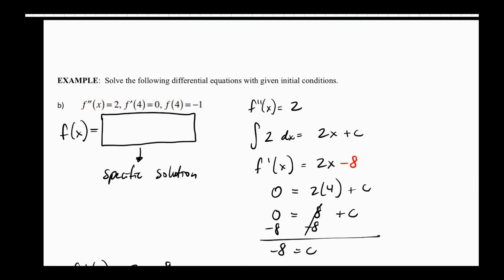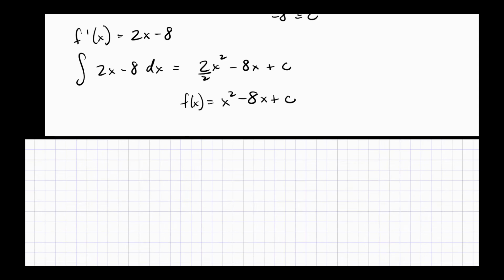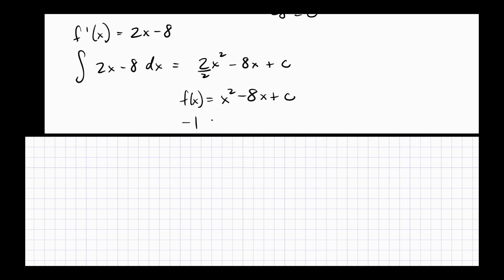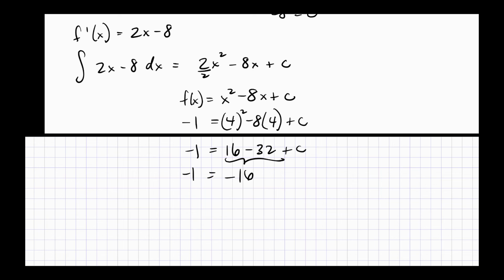The last piece of information is they said when you plug in 4 for x for the original, you should get -1 as an answer. Okay. So -1 equals, and then x everywhere. -1, 16 minus 32 plus c, -16, add 16 to both sides. That means c has to be 15.